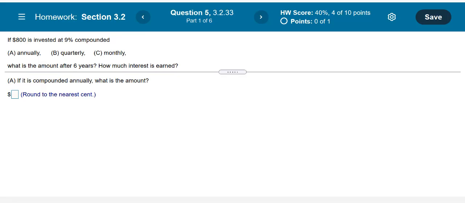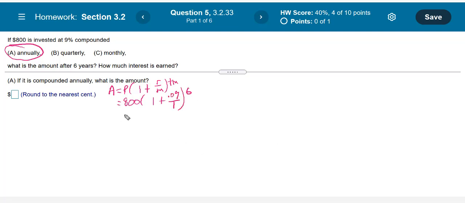The compound interest formula looks like this. In the first one, we want to do compounded annually. So we're going to take 800 times 1 plus 0.09.